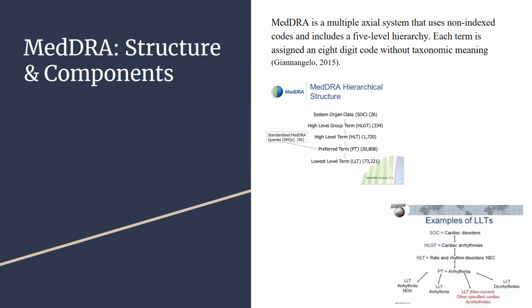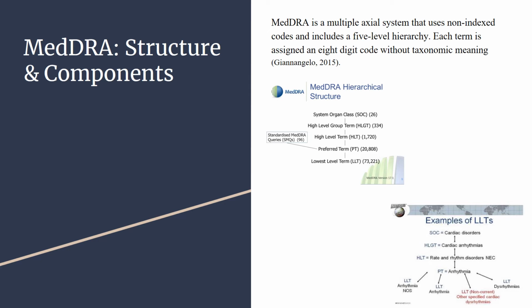MedDRA structure and components. MedDRA is a multiaxial system that consists of non-indexed codes. Codes are composed of 8 digits with no taxonomic meaning. MedDRA is organized into a 5-level hierarchy. The levels of structural hierarchy from highest to lowest are System Organ Class, SOC, High Level Group Term, HLGT, High Level Term, HLT, Preferred Term, PT, and Lowest Level Term, LLT.